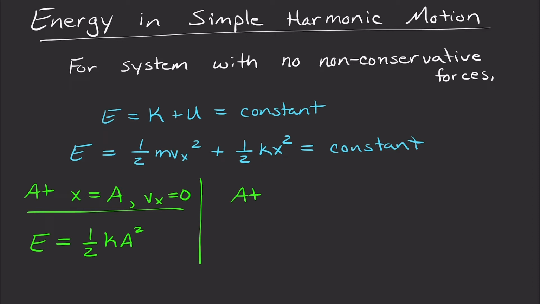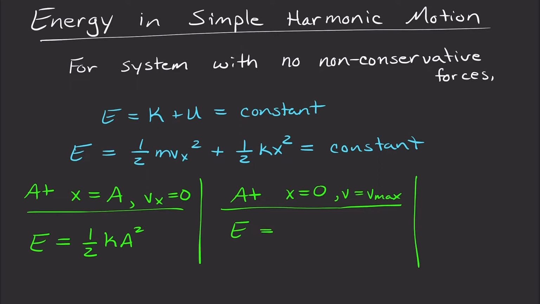The next point is at x equals 0, where we're at equilibrium. This is also where we saw V was equal to Vmax, our max speed, and that's because all of our energy is kinetic.